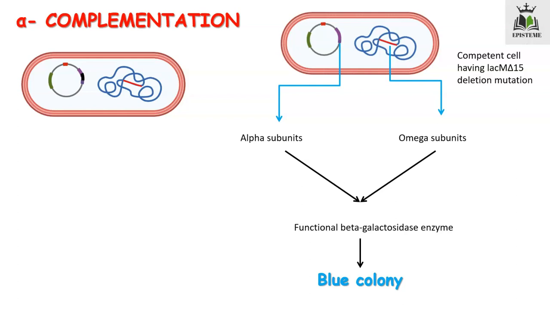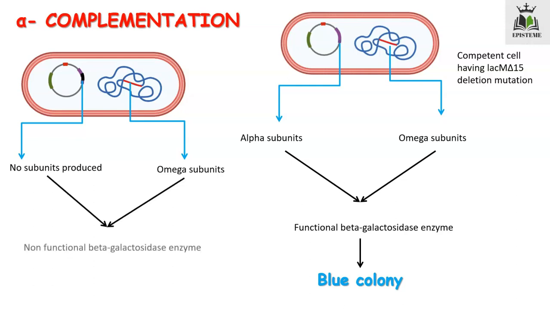So our modified lac Z region is becoming non-functional due to the incorporation of the gene of interest, and as a result no alpha subunits are produced, but the bacterial DNA is functional and will code for the omega subunits.